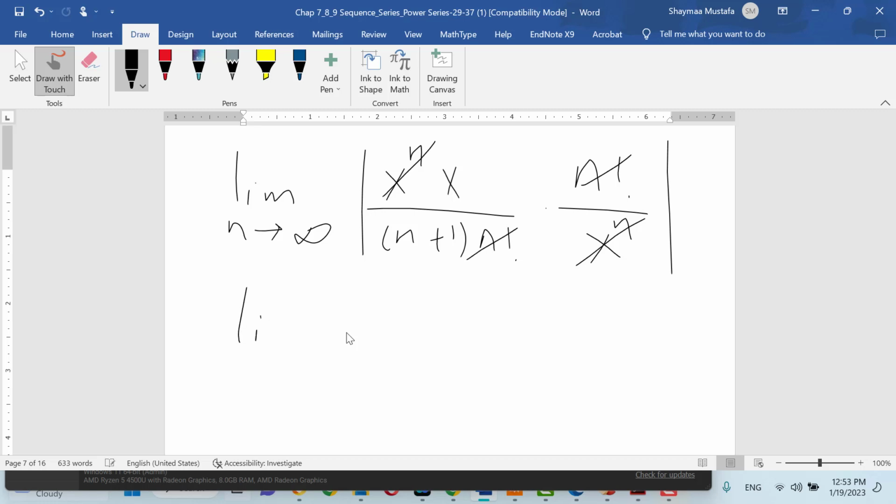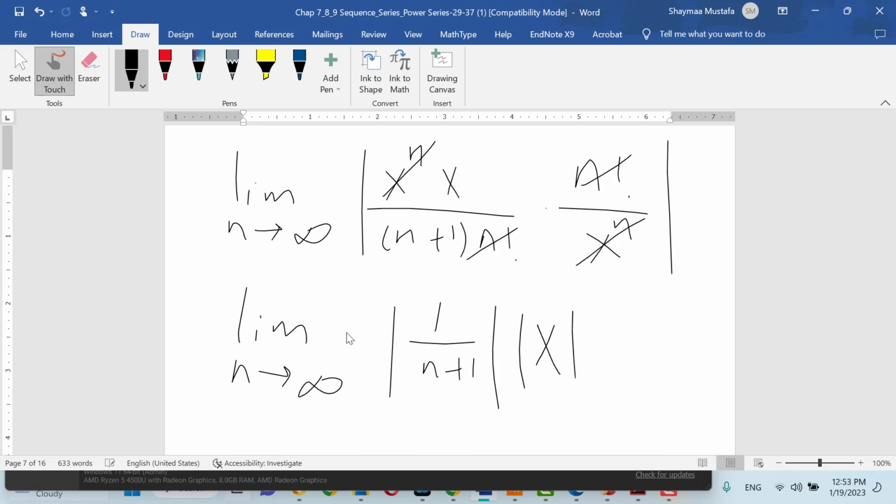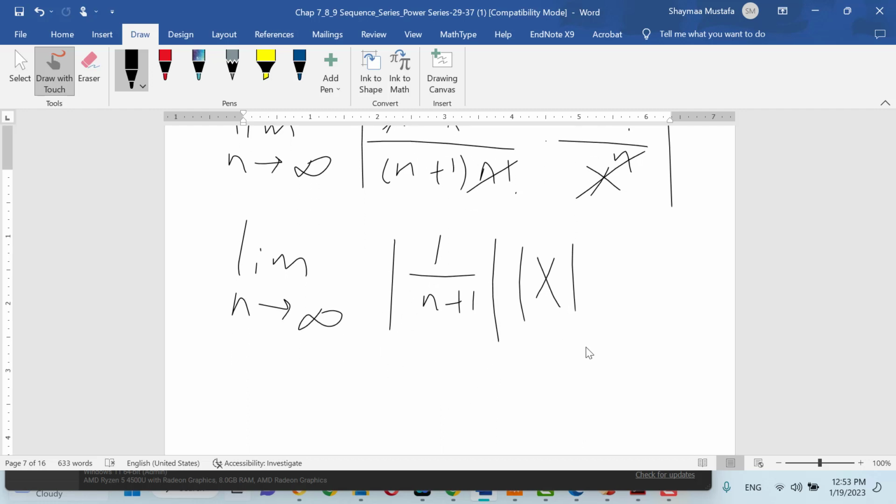So you have the limit as n goes to infinity of 1 over n plus 1 times the absolute value of x. When I substitute n by infinity, 1 over infinity is 0, and 0 times x is 0. So this limit equals 0 times the absolute value of x, which is 0.